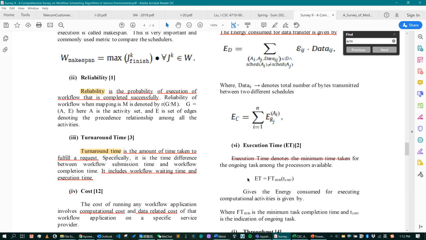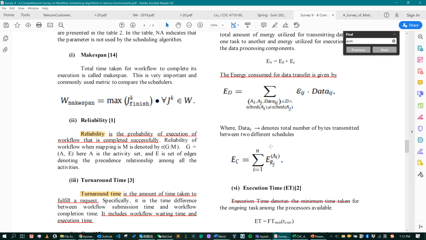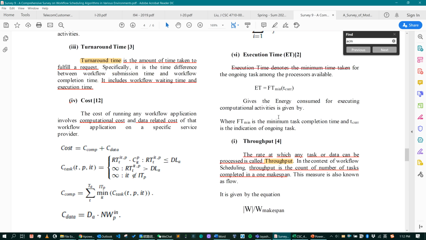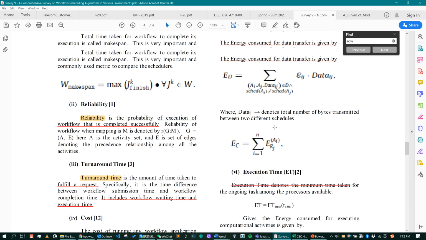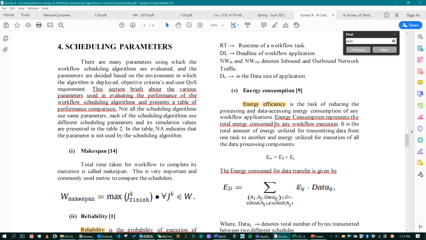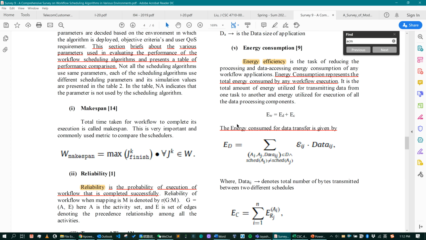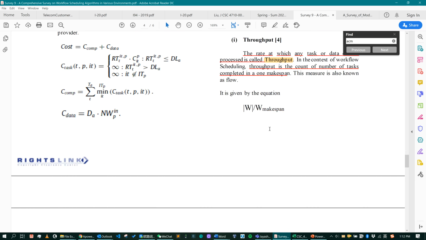For each of them, they give a very detailed mathematical introduction, the formula expressing it mathematically. I think this is very helpful for new researchers to understand what kinds of criteria can be found in workflow scheduling to make sure they meet quality of service as well as some constraints, and these can be the performance metrics to assess performance finally.